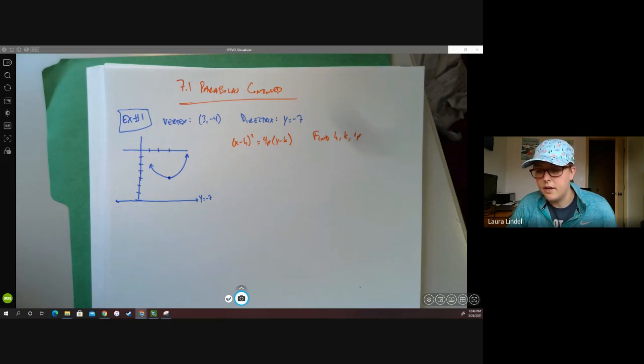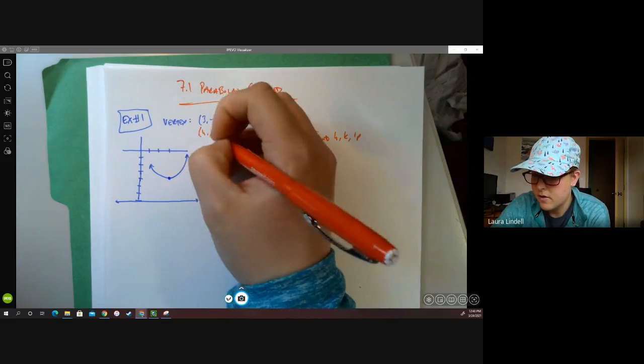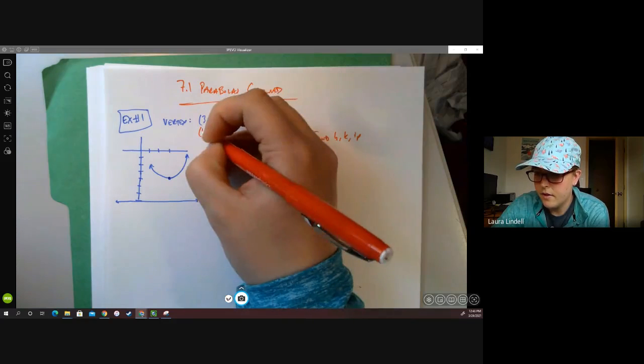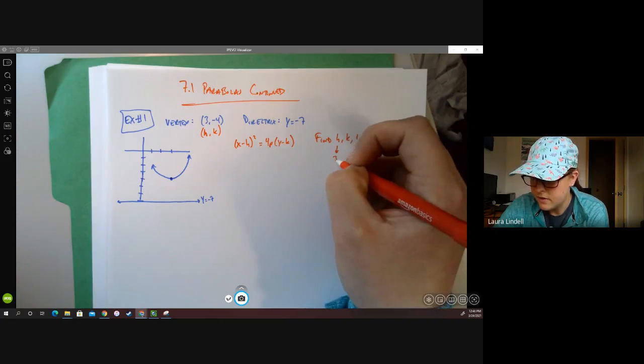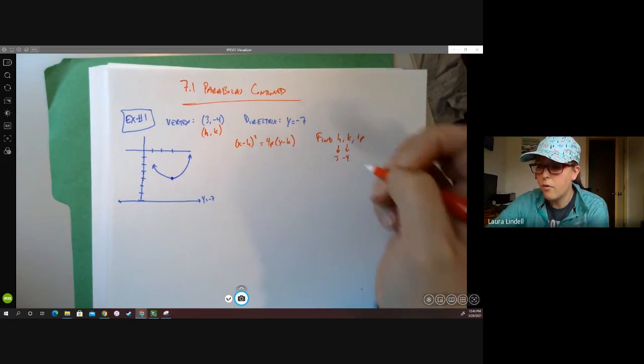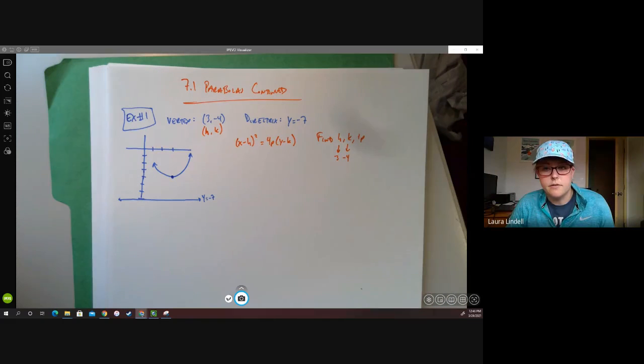So if the vertex is (h, k), what's h going to be? Yeah, 3. And then k will be -4. So h is 3, k is -4. Now all we have to do is figure out what is p.